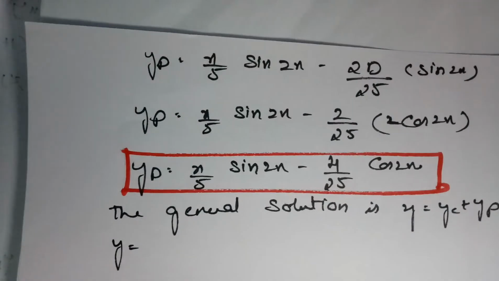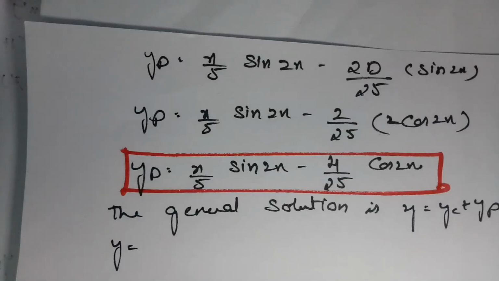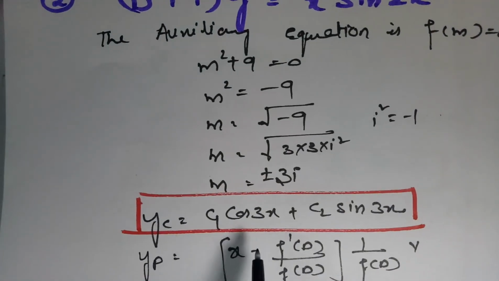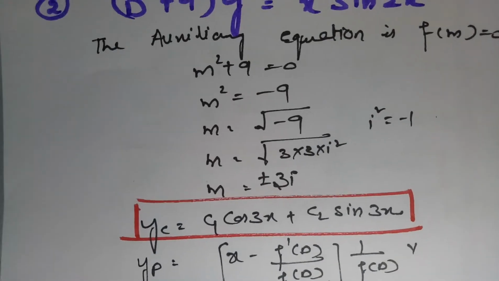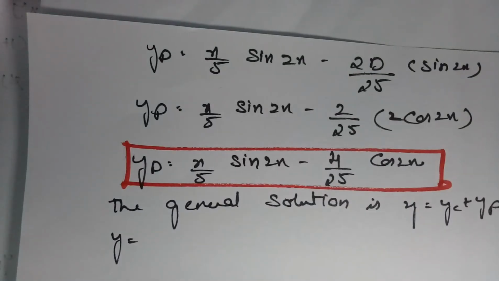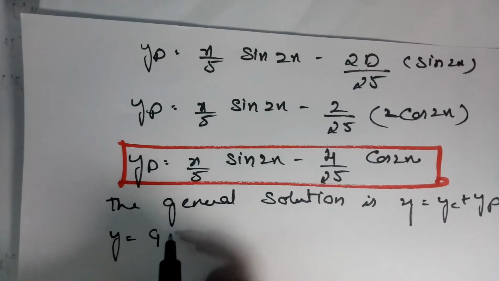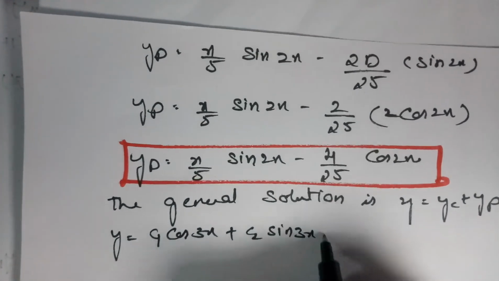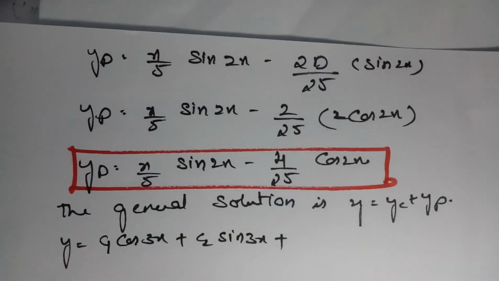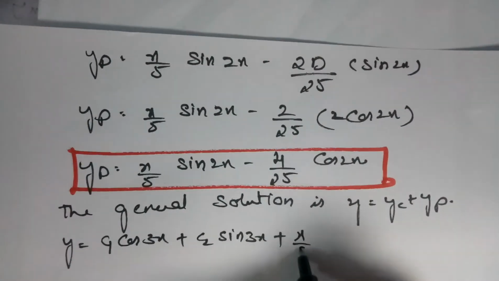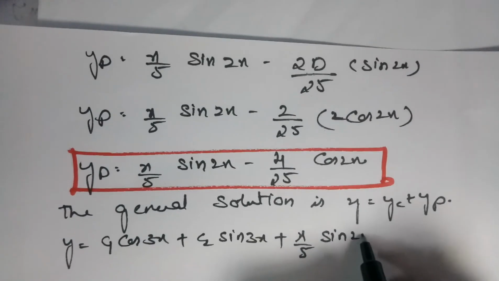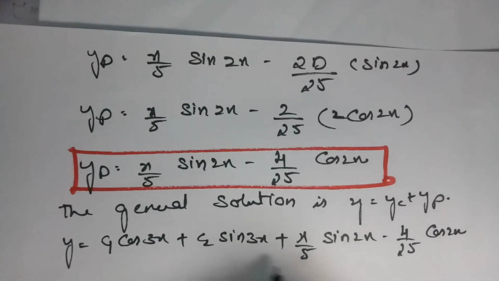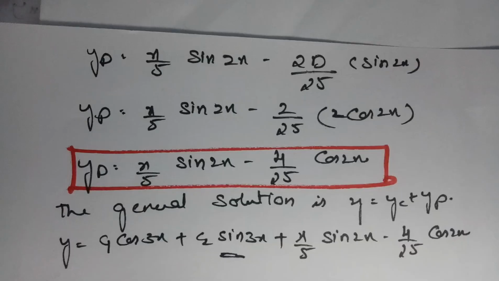So y is equal to, what is yc here? yc is equal to c1 cos 3x plus c2 sin 3x. Then what is the yp value here? x by 5 sin 2x minus 4 by 25 cos 2x. So this is the final answer.